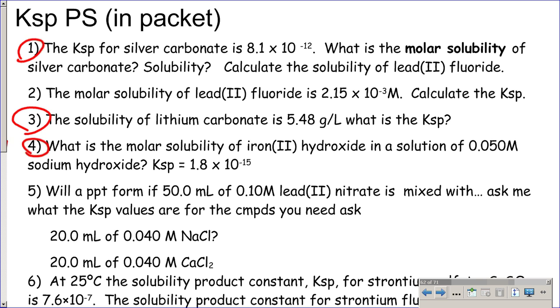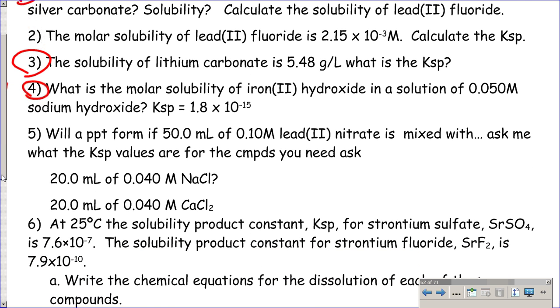Unfortunately, the only one I'm going to eliminate is number 2. Numbers 4, 5, and 6 you absolutely have to do, and you need to practice on the common ions, and those are the warm up. Sorry, that'll give you more. So you guys can do those.